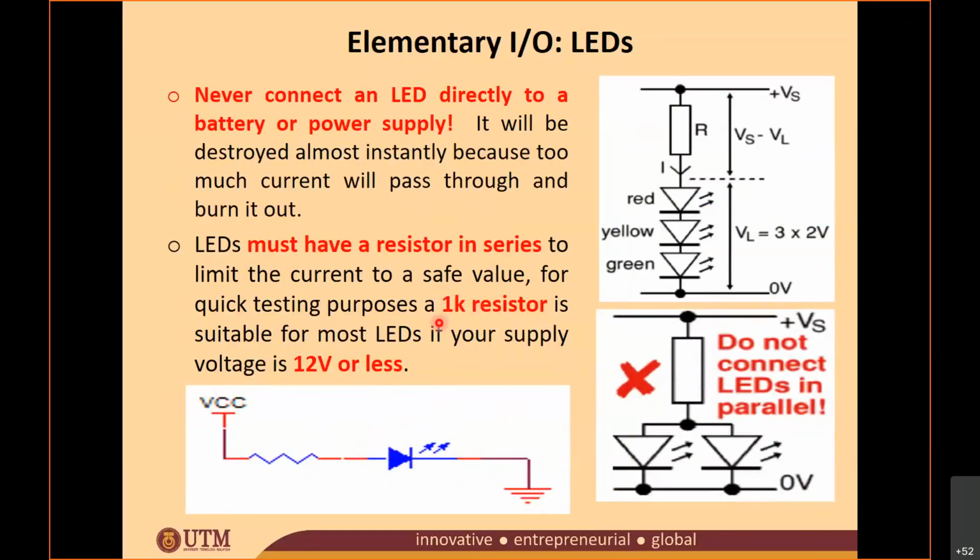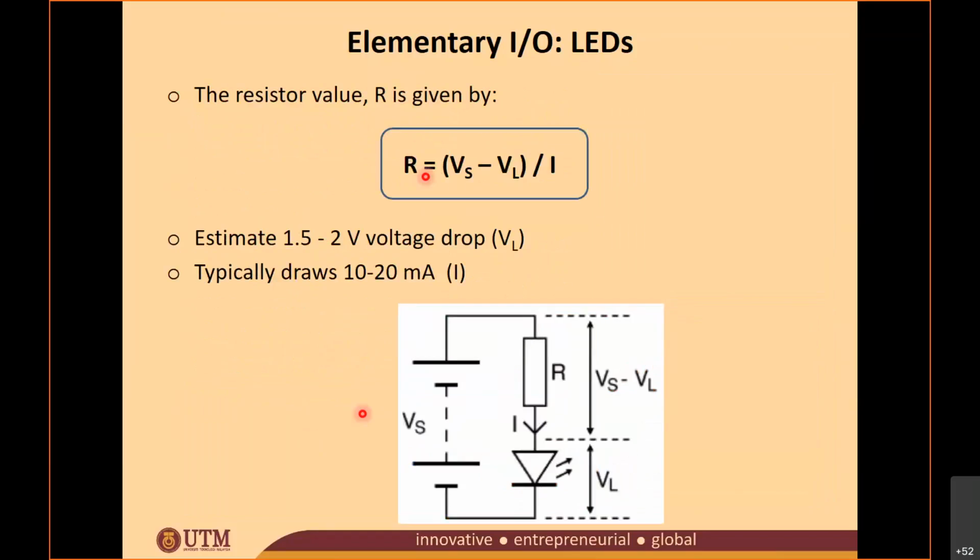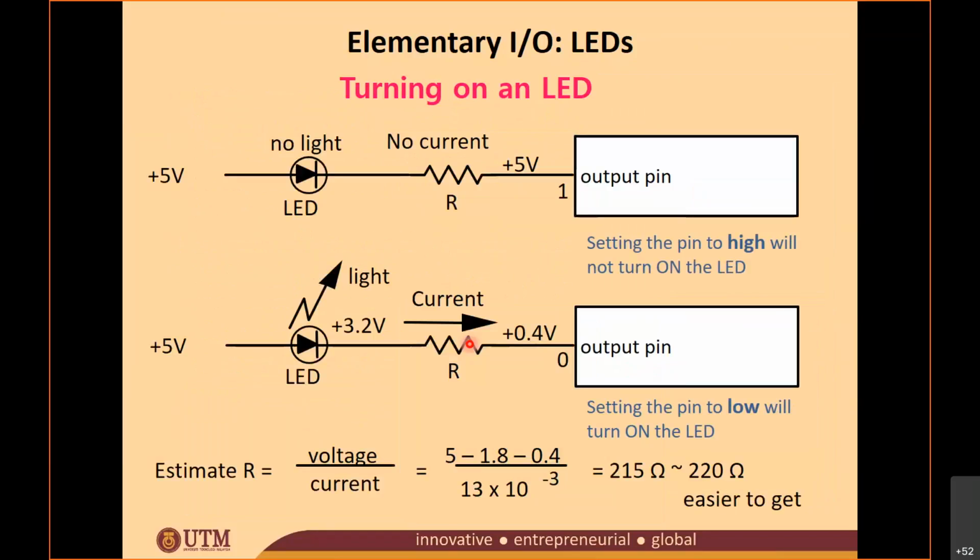Ideally for a 5 volt power supply, we use a 330 ohm resistor value. So this is for the LEDs.